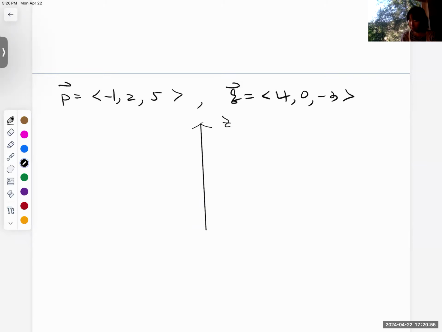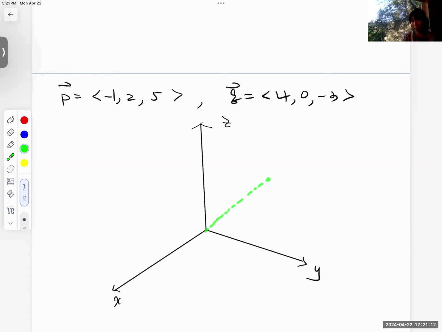This is Z. This is X. This is Y. Okay, so as I told you earlier, this is a positive x-axis, and this one is a negative x-axis.